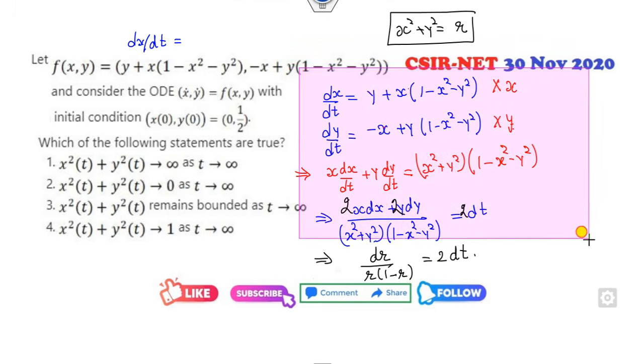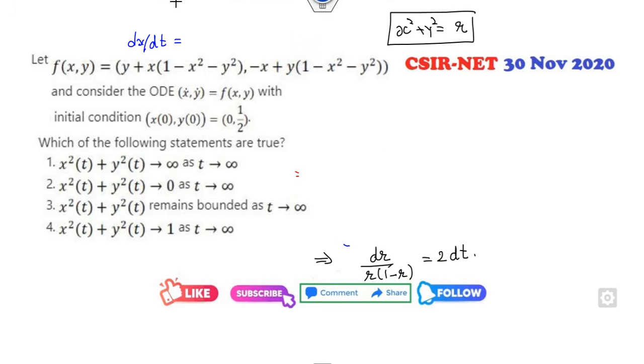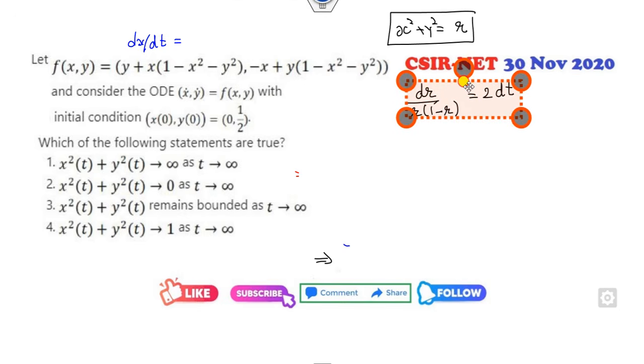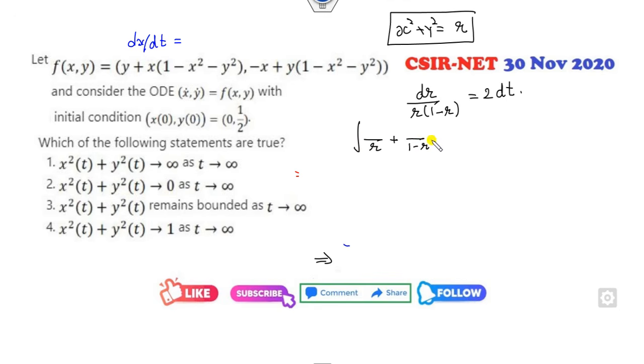I can use the partial fraction. Fine. So for the integration, I can use the partial fraction of 1 over r(1 minus r). When r is equal to 0, it is 1, sorry, it's a plus 1 again. When r is equal to 1, it will be 1 over 1 minus r.